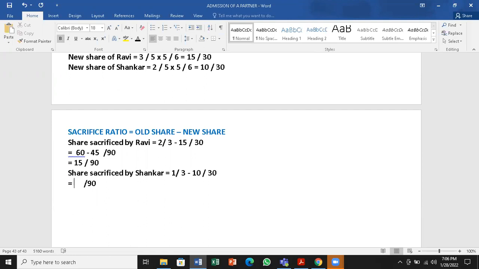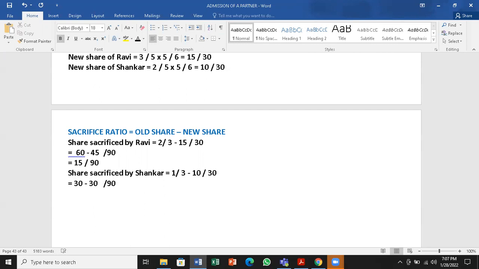Let's go for the values now. 90 divided by 3, that is 30 into 1, that will be 30. Next minus, 90 divided by 30 is 3, 3 into 10, 30.